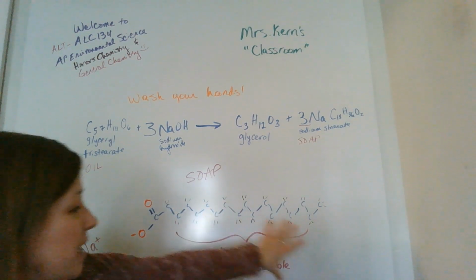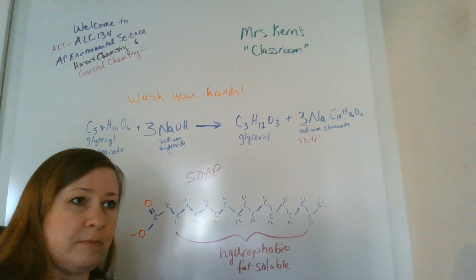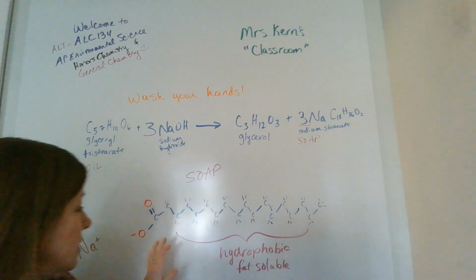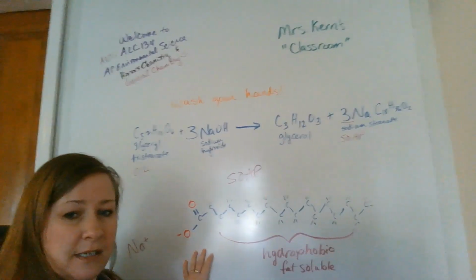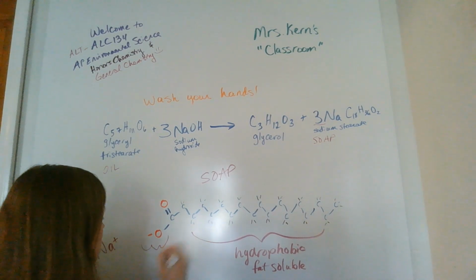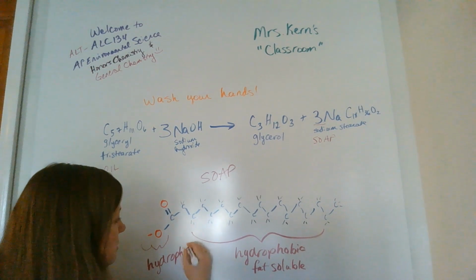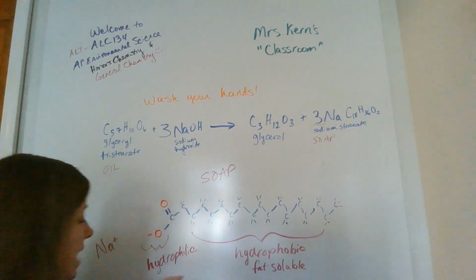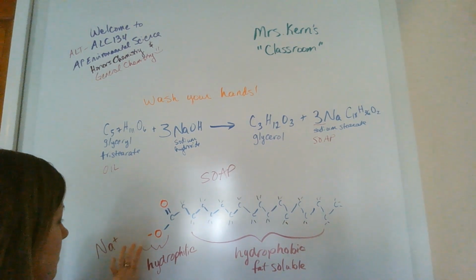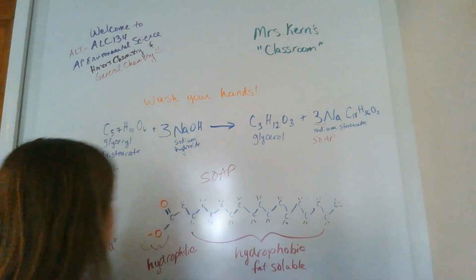So we have the hydrophobic end of our soap molecule. Every soap molecule is going to attach to a bunch of different things that are on your hands as you're washing your hands. And then down here, this end is hydrophilic. Hydrophilic means water-loving. So this end of the molecule, well, first of all, you remember ionic compounds will dissociate in water, right?